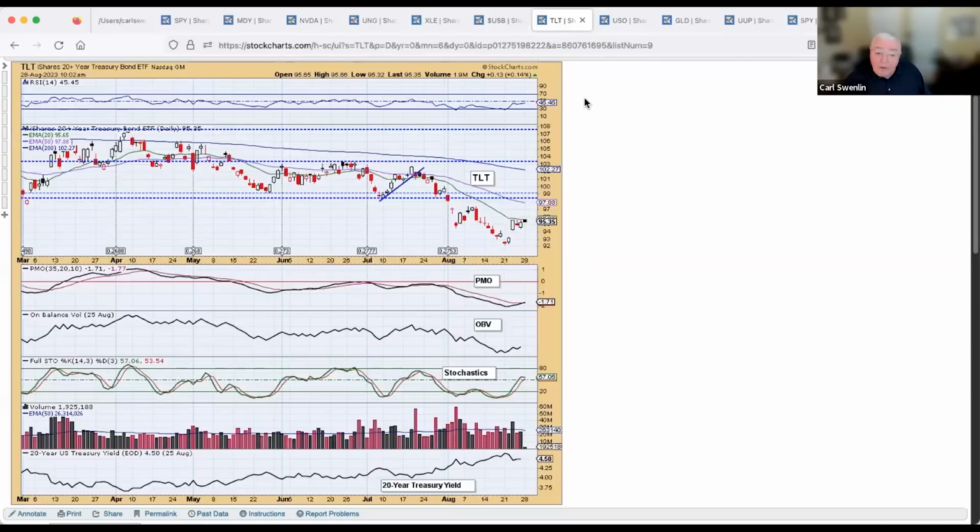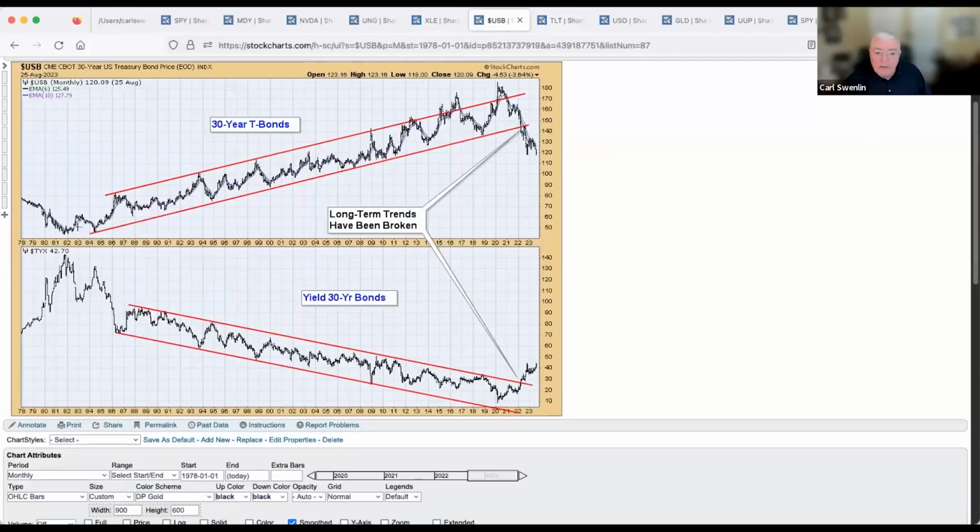I thought based on what bonds have done in the last 40 years, which is go up. Right now, this chart tells us bonds are going to go down, and I keep bringing this one out, but I think it's important to keep that in mind because it's broken a long-term trend line.